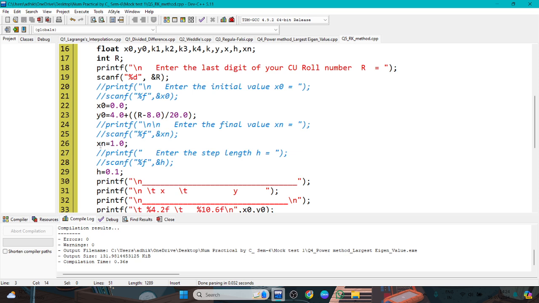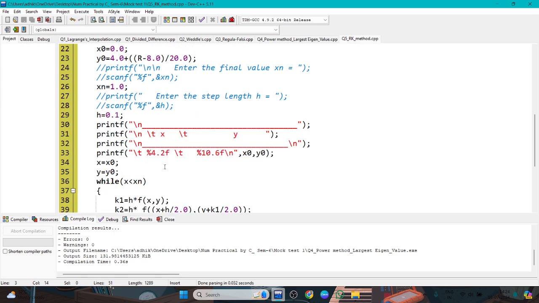This is the final value of x, that is xn equal to 1. The step size h is equal to 0.1, so from 0 to 1 we divide into 10 sub intervals.